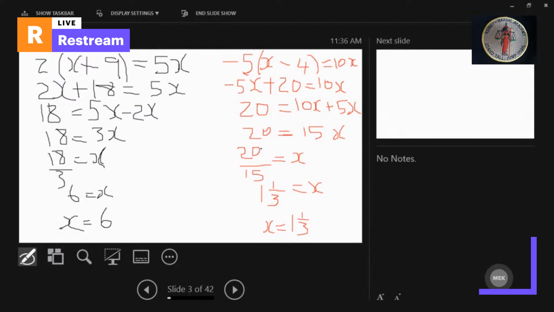If we plug in this value for x back here, it will be negative 5 times 20 over 15, and negative 5 times negative 4.